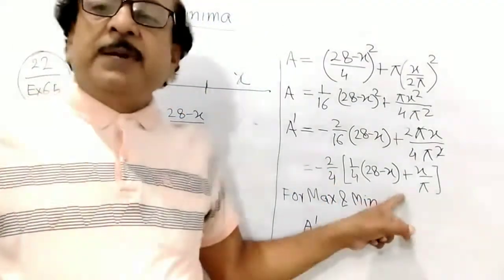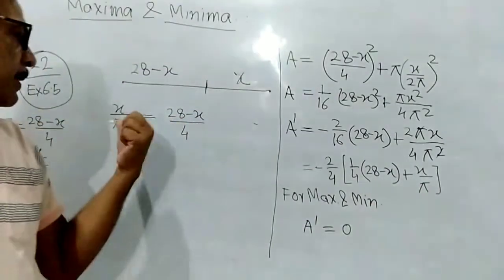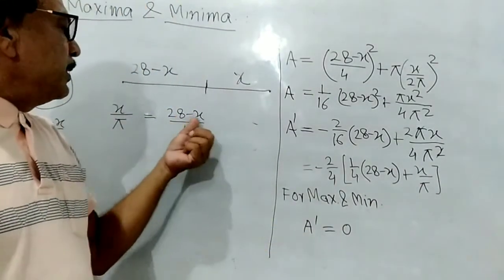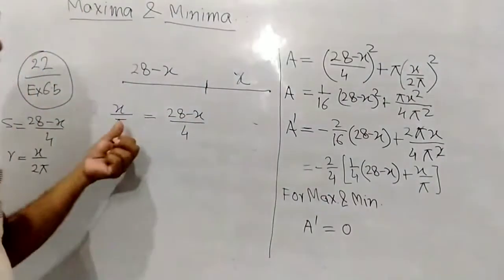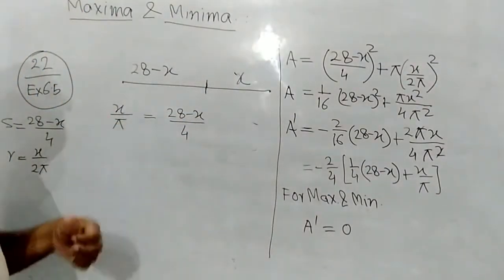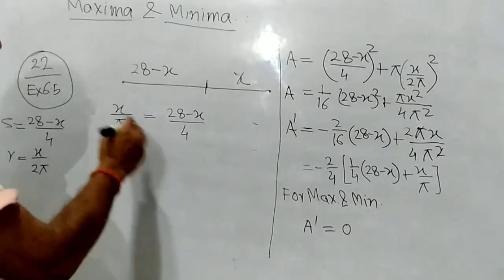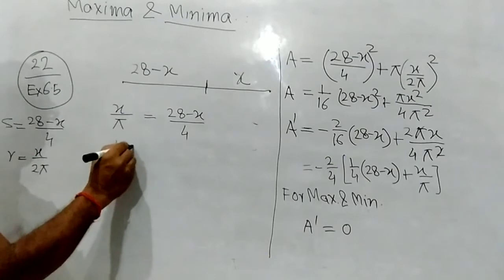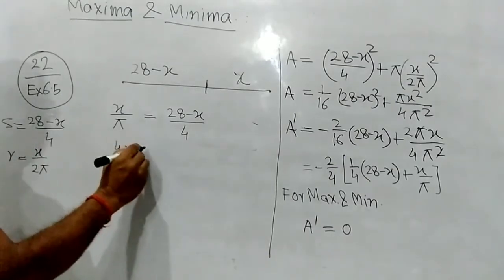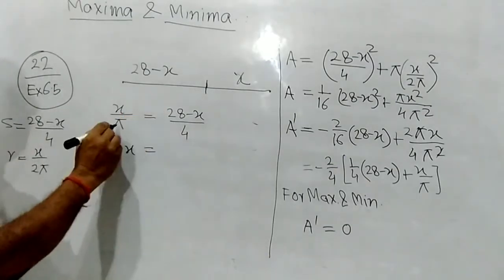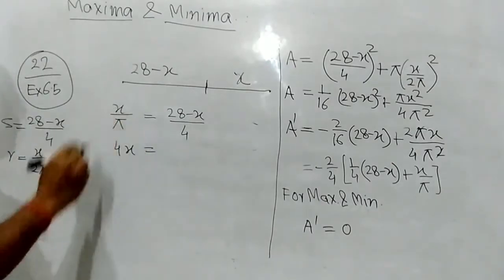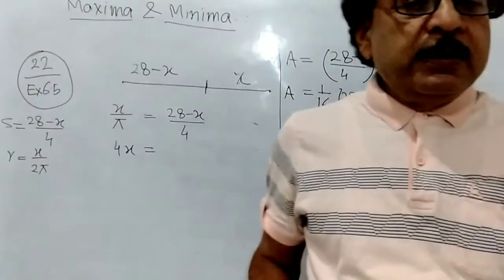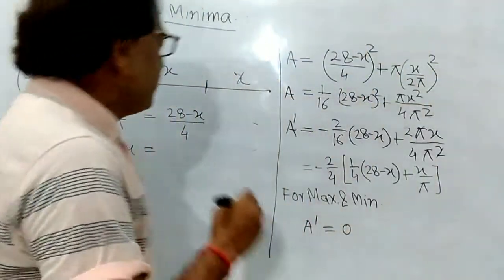From this we can write here x/pi equal to 28 minus x by 4. तो हमें क्या निकालना है? x का वैल्यू वन साइड, तो यहाँ हमारा हो जाएगा 4x, 4x इक्वल टू 28 पाई.